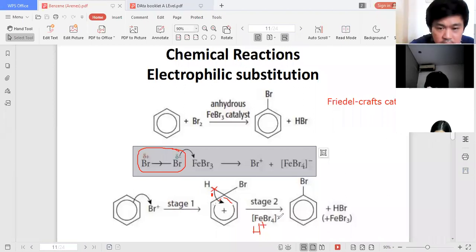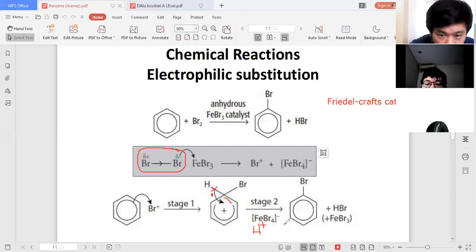We know that FeBr4 negative has an excess of electrons, because there is a dative covalent bond in the structure that makes the electron of the Br here can be donated to the H plus.